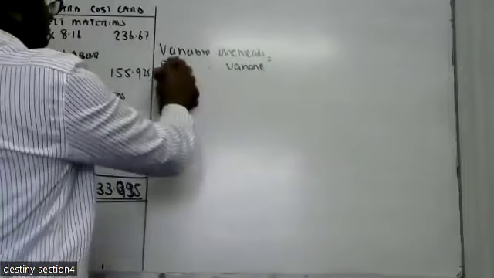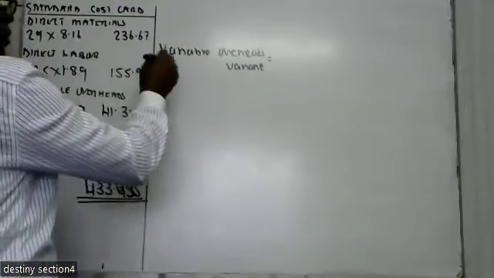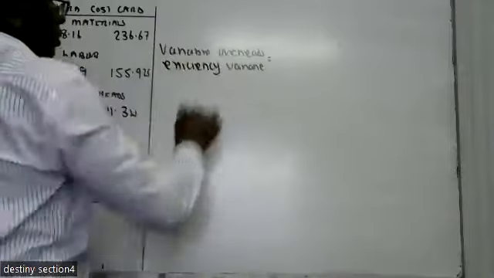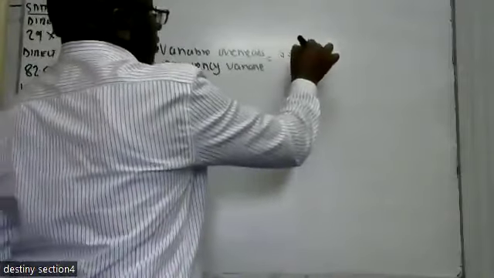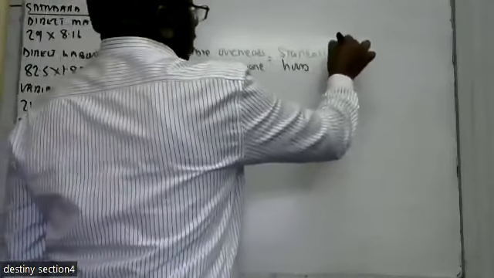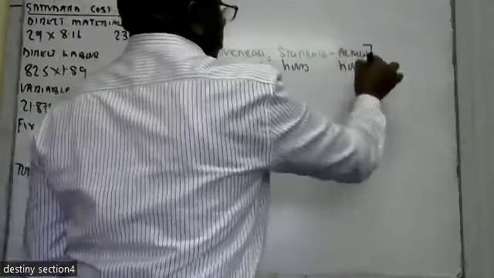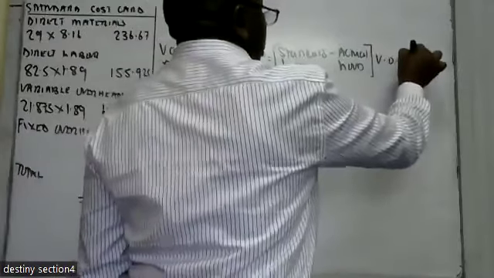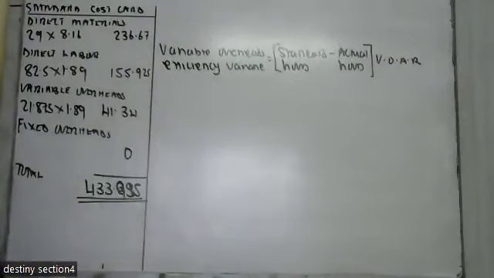So variable overheads efficiency should be equal to standard hours minus actual hours, multiplied by VOR.